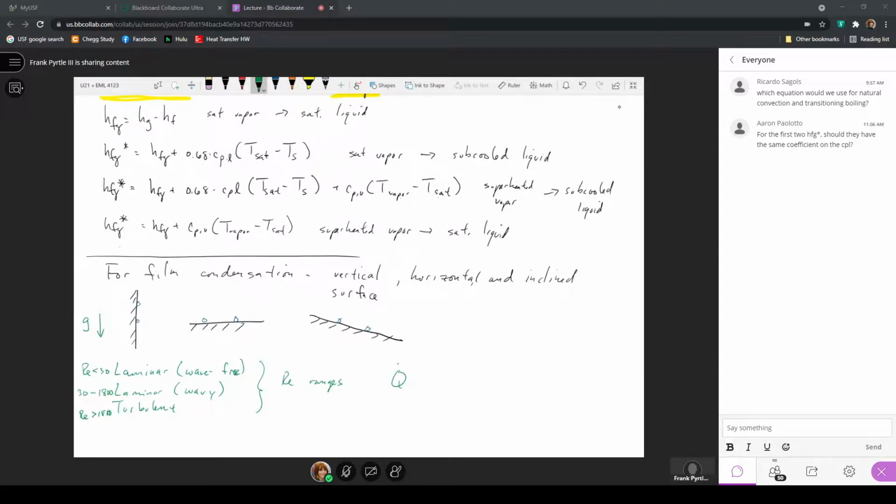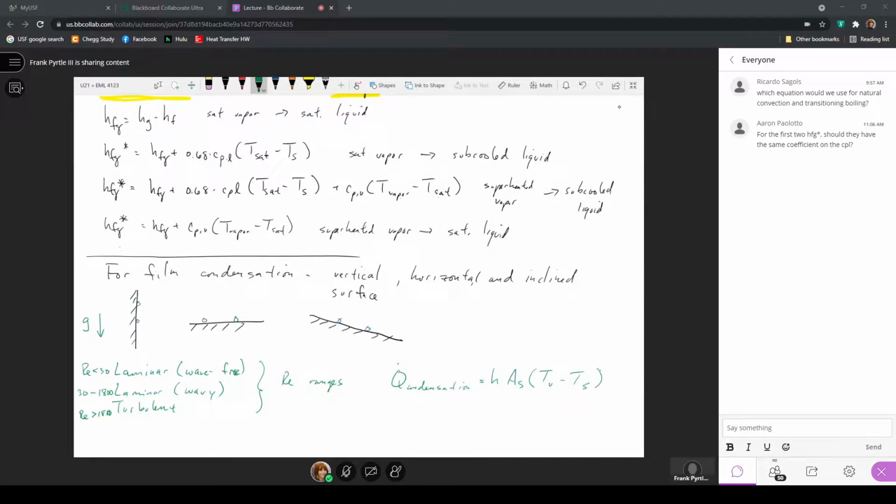can write that Q dot by condensation is equal to that heat transfer coefficient, according to the orientation and the flow characteristics, times the surface area over which it's occurring, times the temperature of the vapor minus the surface temperature.